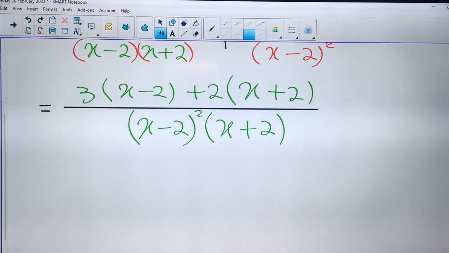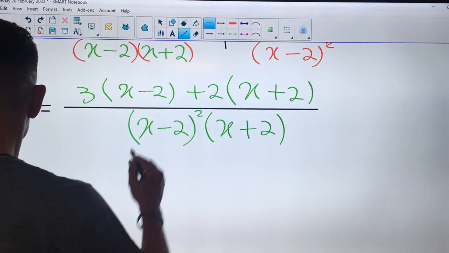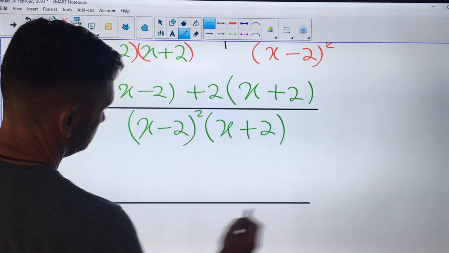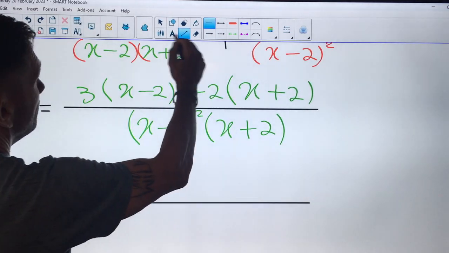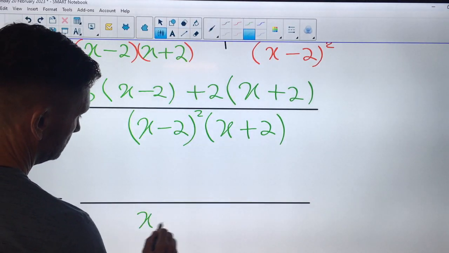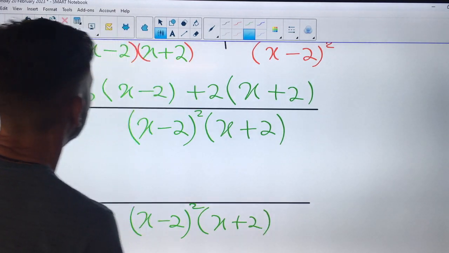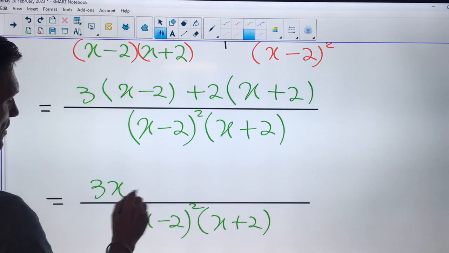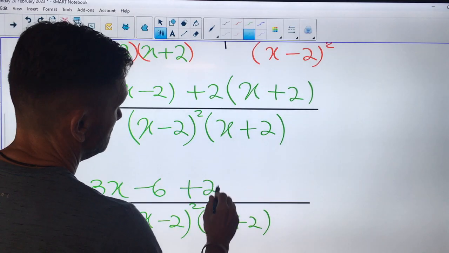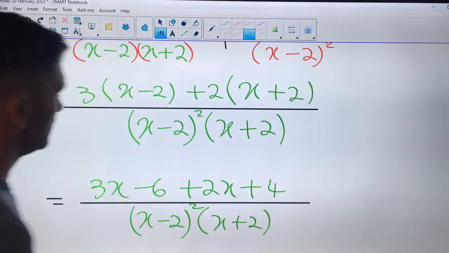Okay, once we have that, we just need to simplify what we had on top. So this is 3x minus 6 plus 2x plus 4.